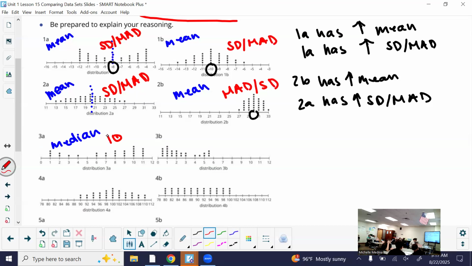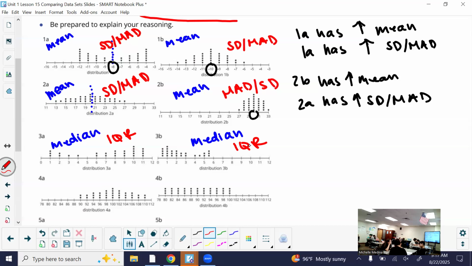IQR. Colton, for 3B, do we prefer the mean or the median? The median. Jacqueline, do we prefer the IQR or MAD / standard deviation? IQR. Again, it's not symmetric.